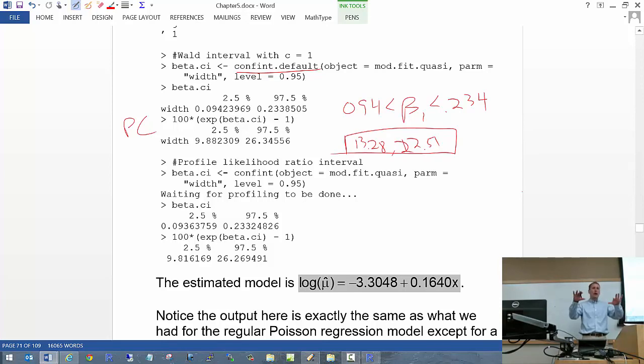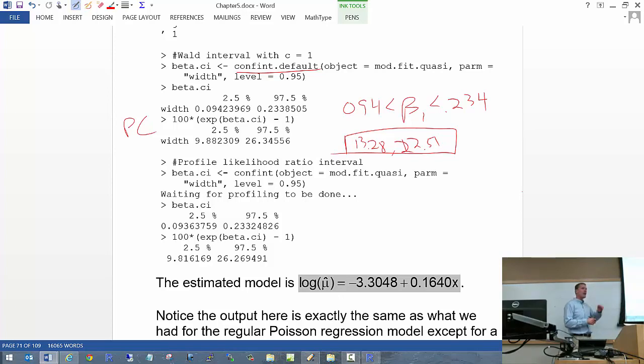That was for a regular Poisson regression model. So we can see again the effect that accounting for the overdispersion has on this. It causes the interval to be wider, which is what we want to be correct.